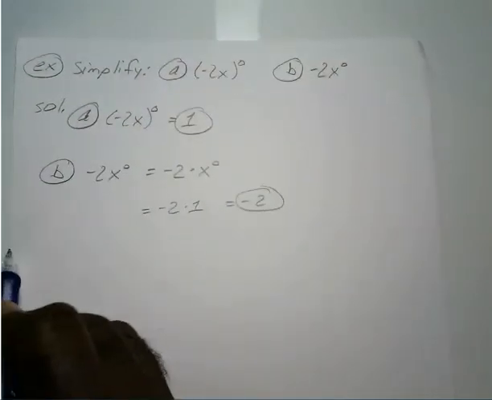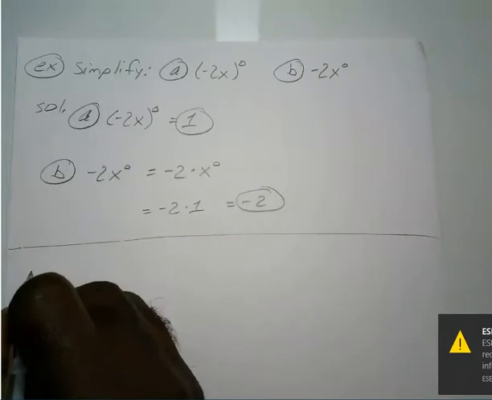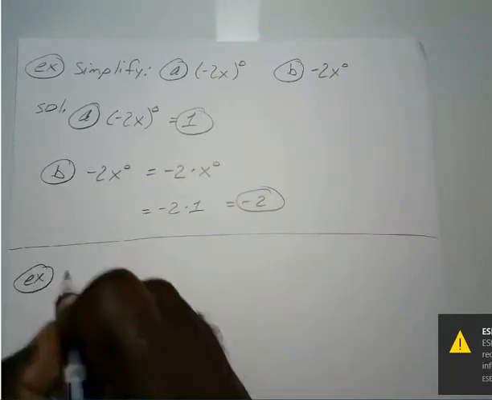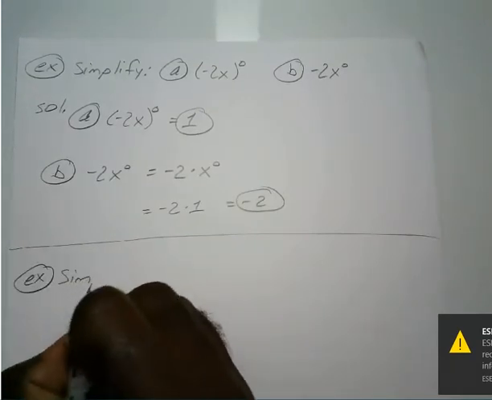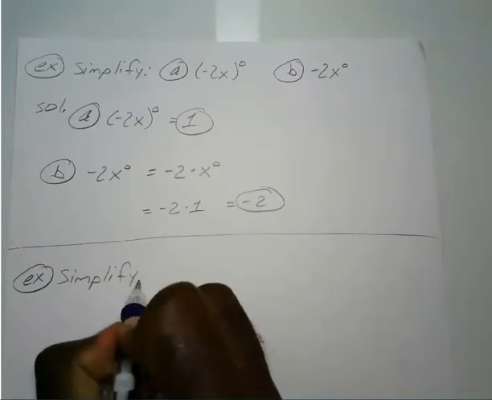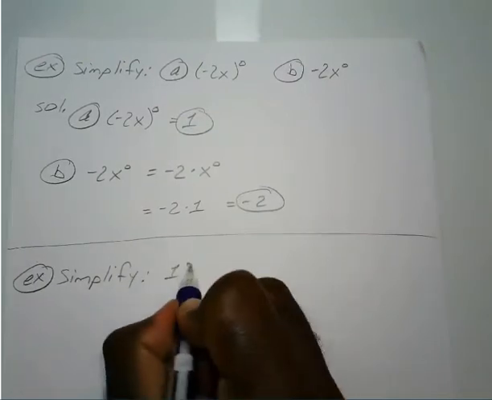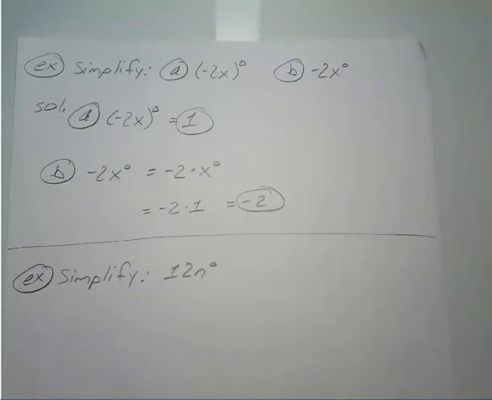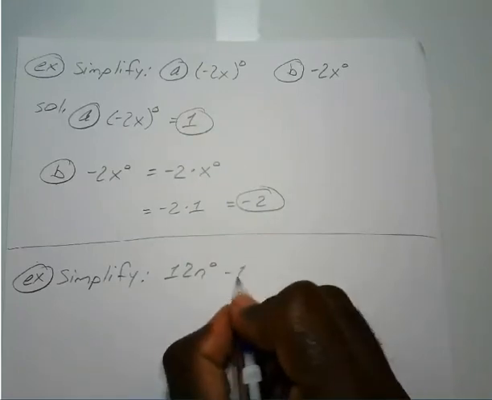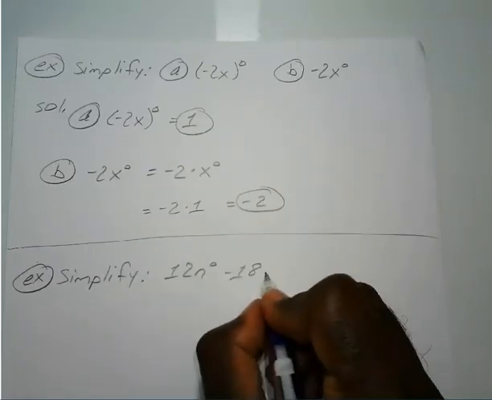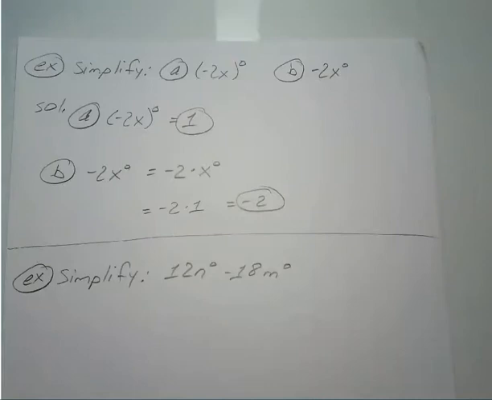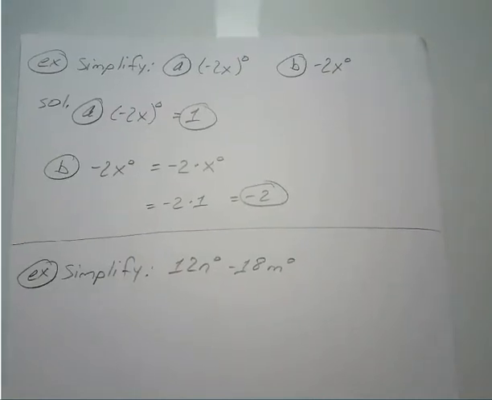Alright, so let's go ahead and do another quick example. We wanted to simplify, let's say 12 times n to the power of 0 minus 18 times m to the power of 0. Okay, so two different variables, both raised to the power of 0.